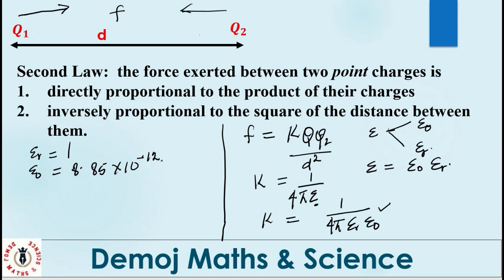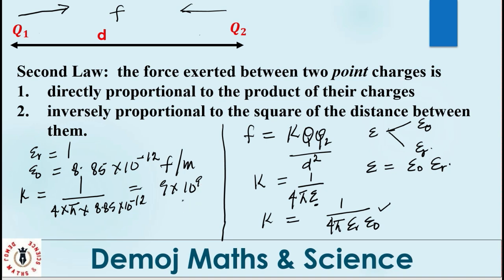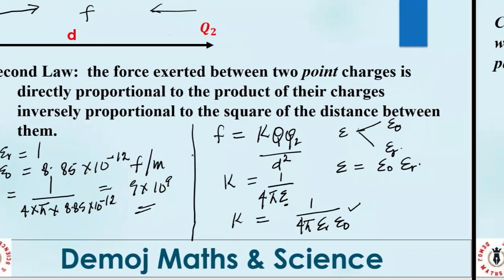E naught is given in farads per meter. So K will be the same thing as 1 all over 4 times pi times 8.85 times 10 raised to power minus 12. So K will have a value of 9 times 10 raised to power 9 if you use your calculator, when we are dealing with free space. But when we are not dealing with free space, the absolute permittivity of that material will be different. Let's take an example.